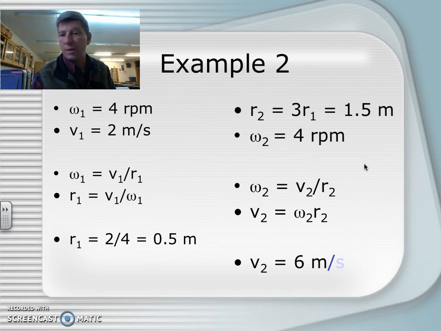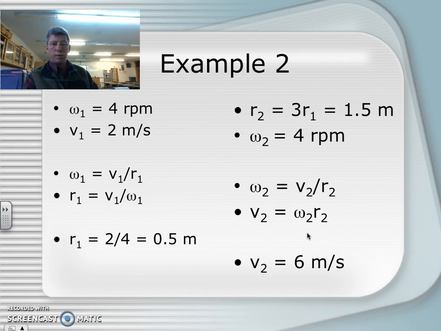We know that because the rotational speeds are the same. Since the rotational speed of the little girl is equal to her tangential speed divided by the radius, her tangential speed is going to equal her rotational speed times her radius. That's going to equal 4 revolutions per minute times 1.5 meters. 4 times 1.5 is going to give her a tangential velocity of 6 meters per second.